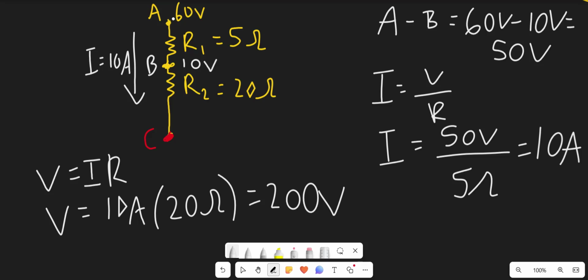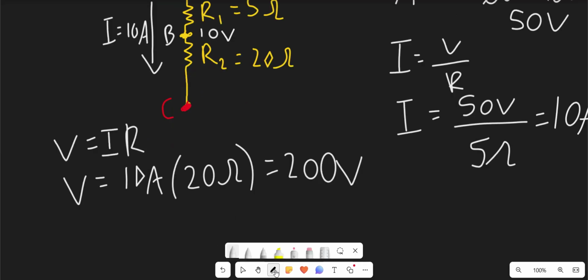As you notice in this circuit, current is going from 60 volts to 10 volts, and then from point B to point C. So therefore, point C must have a lower electric potential than point B. To find the electric potential at point C, we simply take the electric potential at point B, which I'll label VB, and then subtract the 200 volts that we found as the voltage drop across resistor 2, because that's the path that current has to flow through to go from points B to C. So it'll experience that voltage drop, the reduction in electric potential.